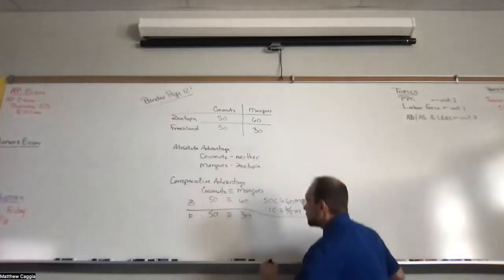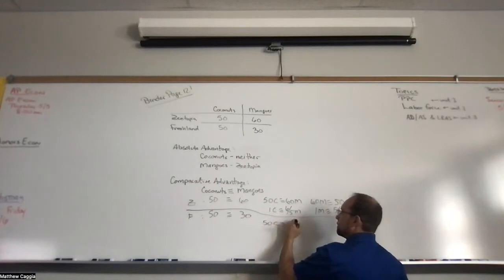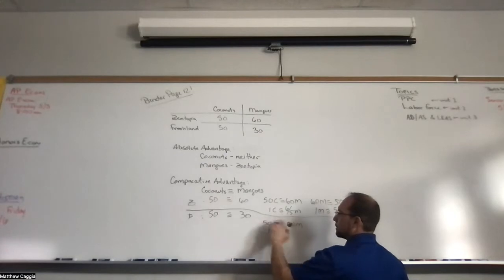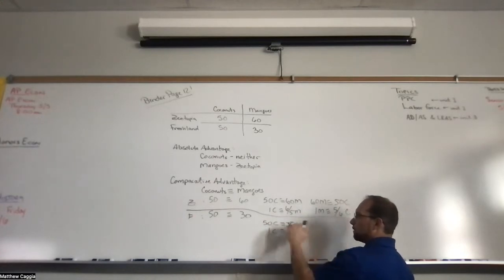Okay, Freshland, similar, but different. 50 coconuts to 60 mangoes, which is one coconut to 30 mangoes, which is going to be 3/5 mango, 30 over 50.